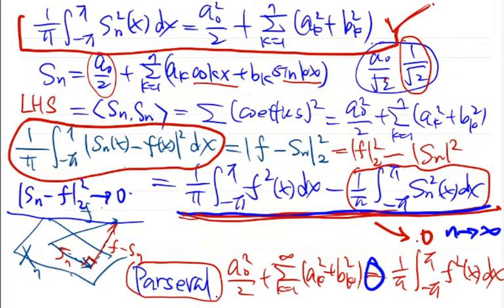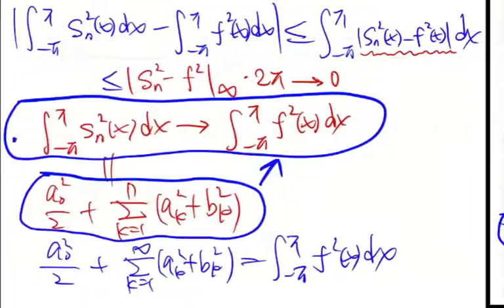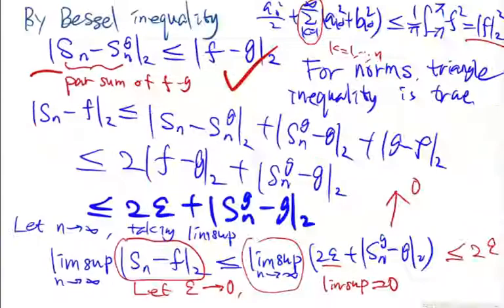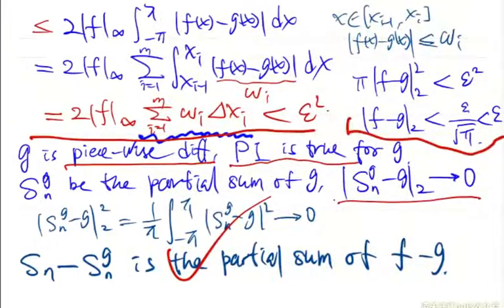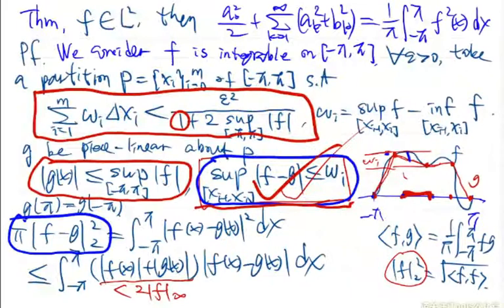So once we obtain this result, we obtain the Parseval identity. So we have proved the Parseval identity for Riemann integrable functions. We considered the case that f is integrable. For this case, we are done. We complete.